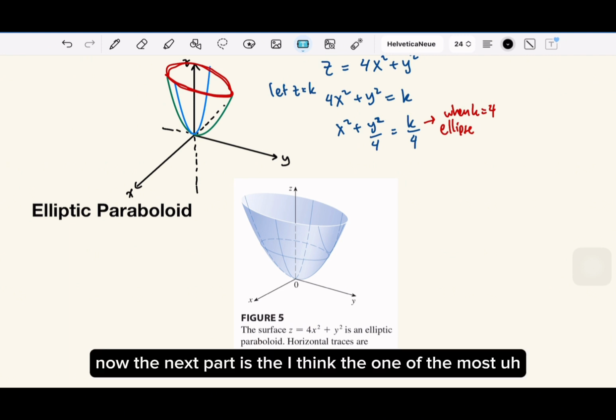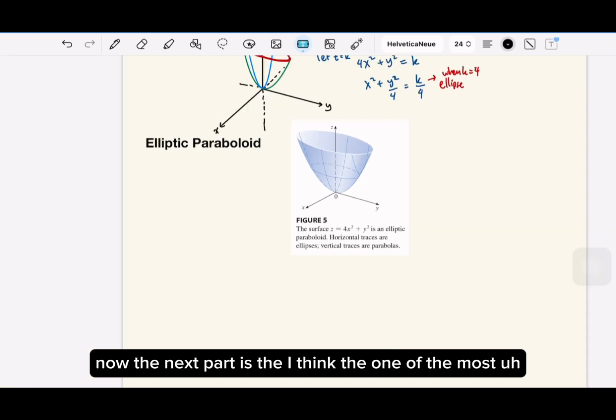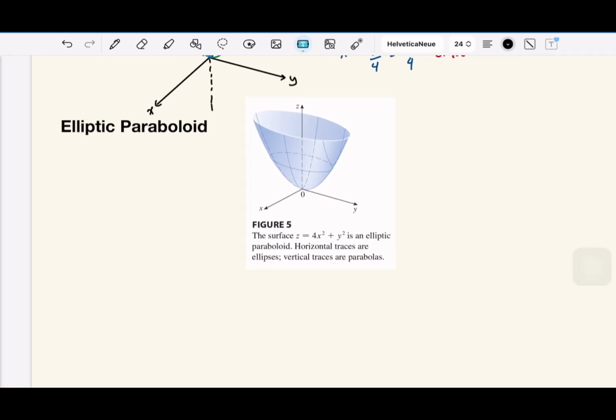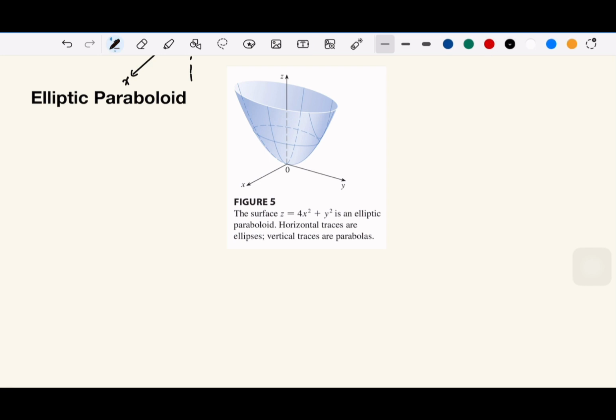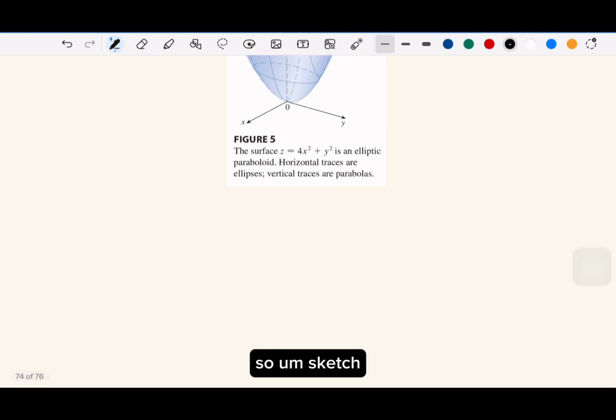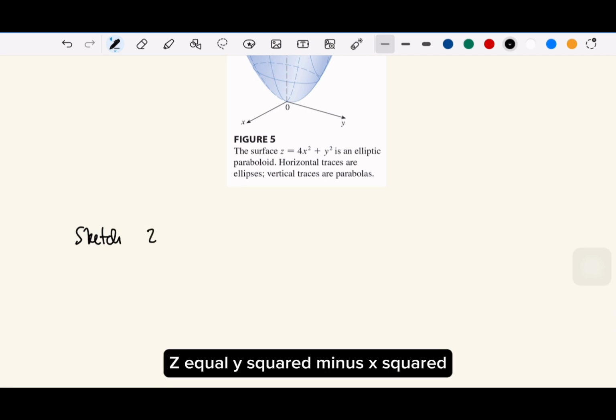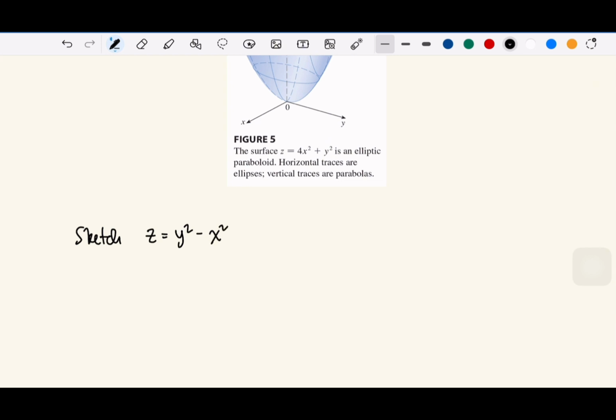Now the next part is, I think, one of the most complicated ones. So sketch z equals y squared minus x squared.